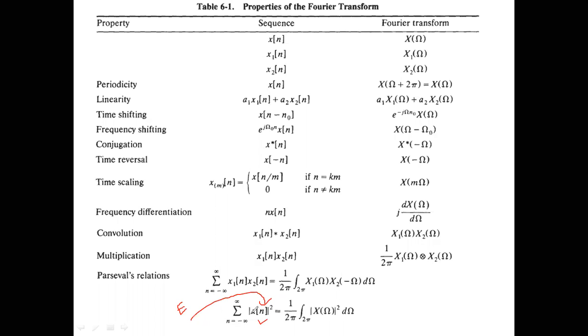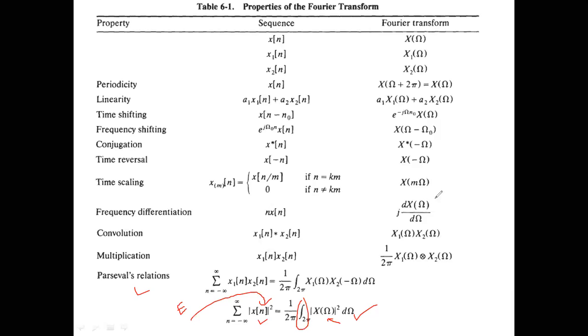Now if you have a very large sequence x of n with a single or two frequencies, you need not perform the running squared sum. Rather, simply find X of omega, square it and integrate it over the period. You should still get the energy. That is the essence of Parseval's theorem. Finding energy in the time domain or in the frequency domain, whichever you are comfortable with, you can use.